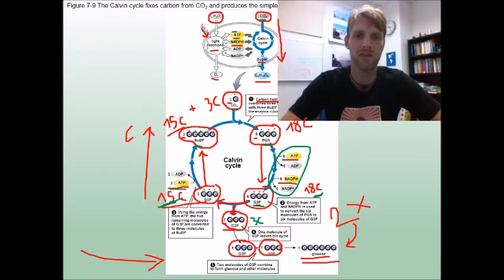For this we have to invest ATP, and here the 3 carbons that left the Calvin cycle, they are the building blocks for sugar. As you know, glucose has 6 carbons, so that means I need 2 molecules of G3P in order to make 1 molecule of glucose, which we have here, and that's how the Calvin cycle works.